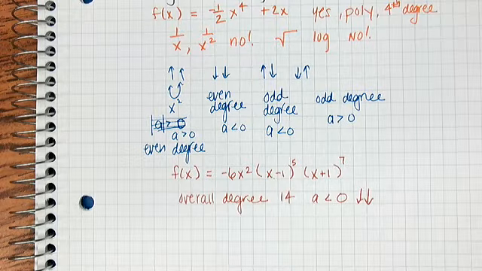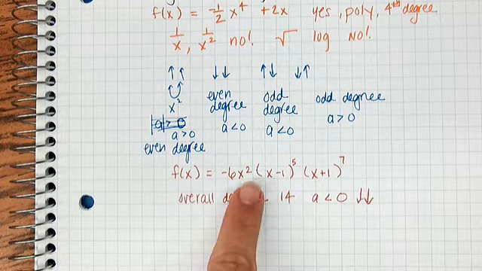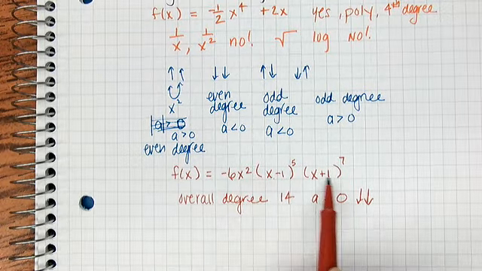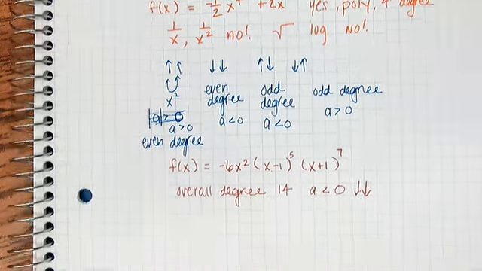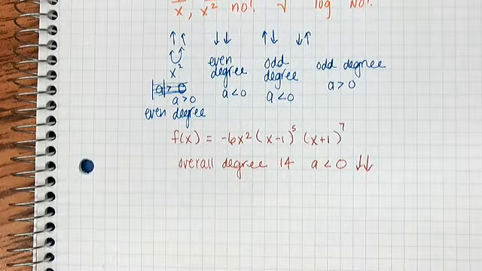Okay, so if I give you the zeros of the function, remember zeros are the same thing as the x-intercepts, same thing as the solutions. Let's go back to this one. What are the zeros of this polynomial?